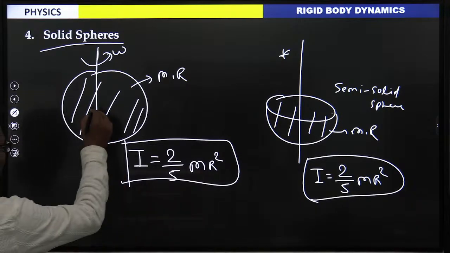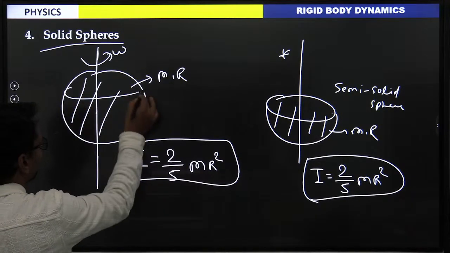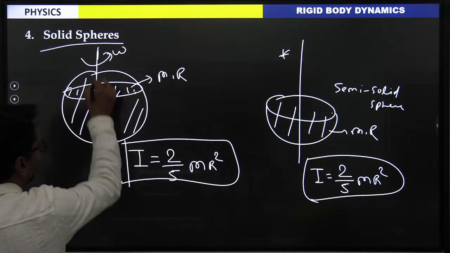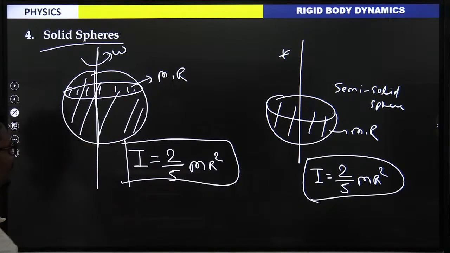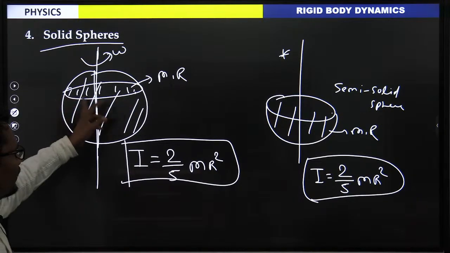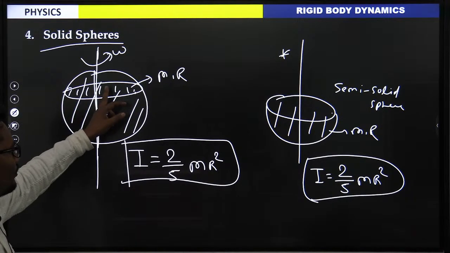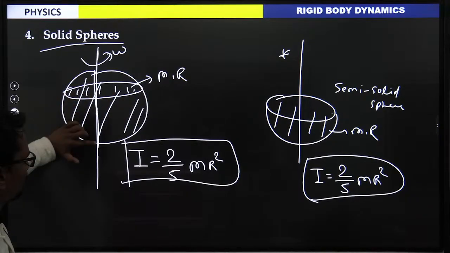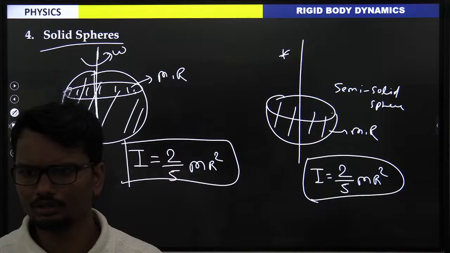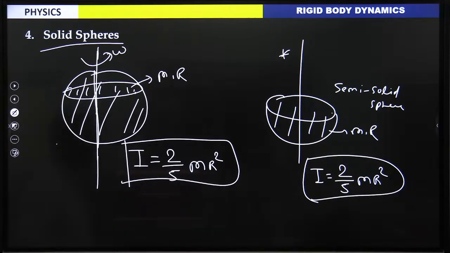Simply take an elementary cut like this one, and this becomes a disc, and from here to here in the downward direction you have many discs. First you find the moment of inertia of this one disc and integrate from minus r to r, and in this way you can find the moment of inertia of this solid sphere.